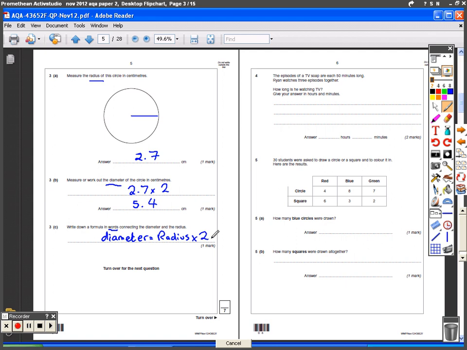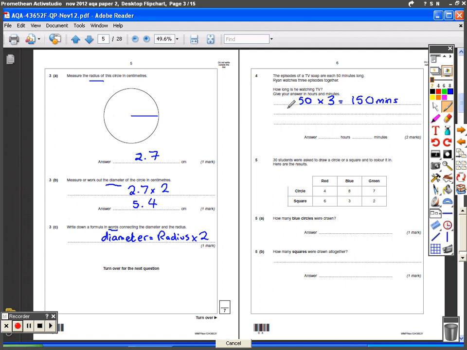Okay, moving on to question 4. The episodes of a TV soap are each 50 minutes long. Ryan watches 3 episodes together. How long is he watching TV for? Give your answer in hours and minutes. So he watches a programme that's 50 minutes long, and of course he watches 3 of them. So that's 150 minutes.